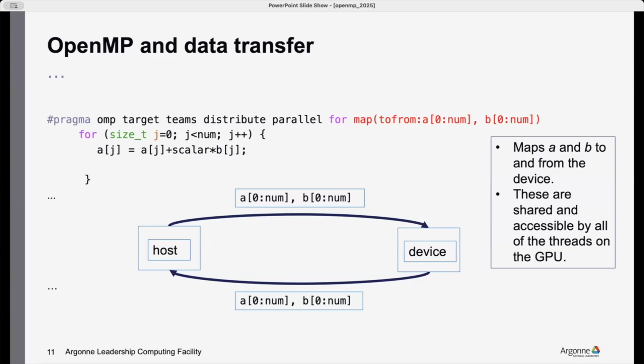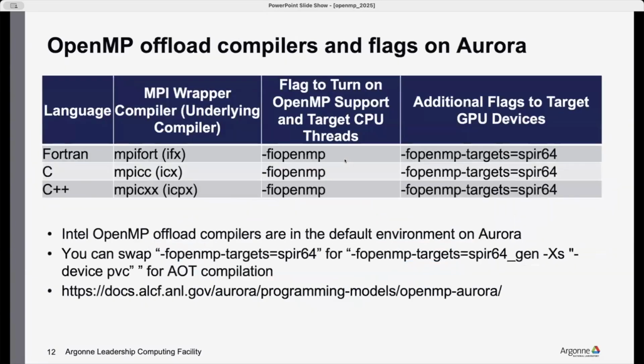That's different from the scalars, like num and scalar, which we don't specify with the map clause, but which by default are transferred as firstprivate, so private per thread, versus the map clause, which is shared. And of course, you can change the defaults, or change them specifically for different scalars or other variables.